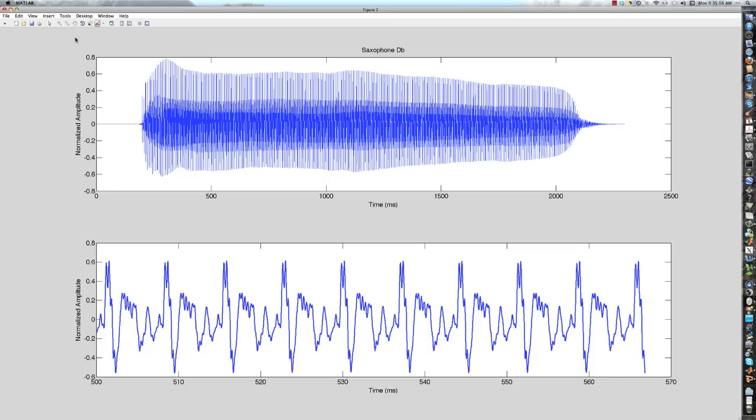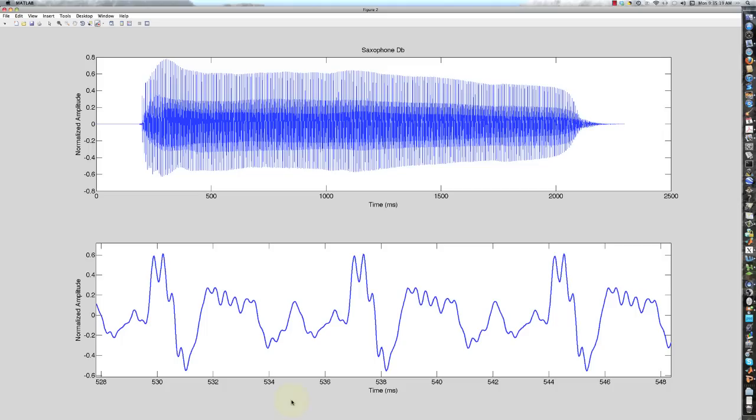And in this case, remember the tone of the D flat was much lower than the tone of the A, and if we look at the fundamental period of this signal, we see that we're here at about 531 milliseconds, and then the next period is 538 say 2.